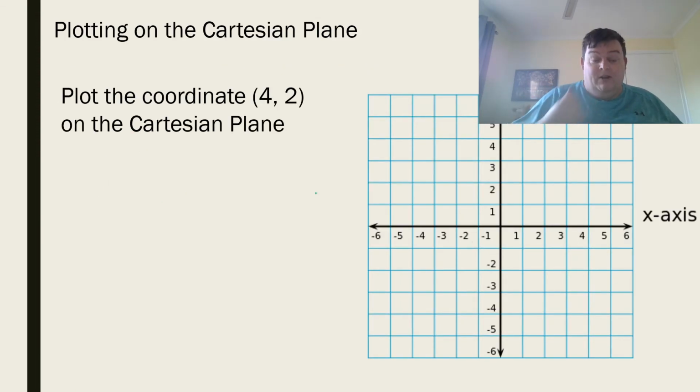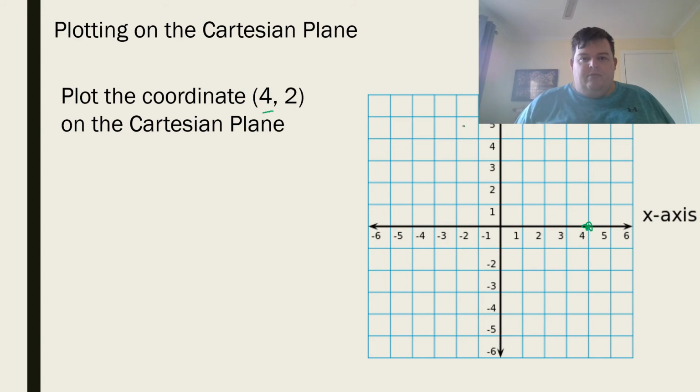Okay. Plot the coordinate 4, 2 on the Cartesian plane. Right. Again, pause the video and have a shot at it if you think you can do it. If not, stick around, and I will confirm. Alright. So if I want to plot the point 4, 2, I need to go to the value of x being 4, which is here. Right?